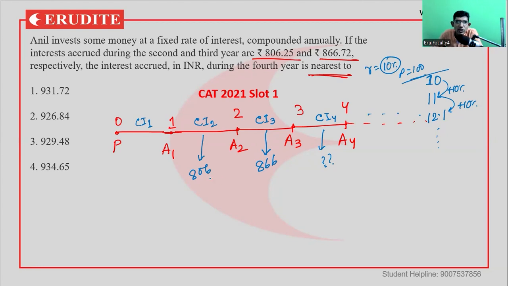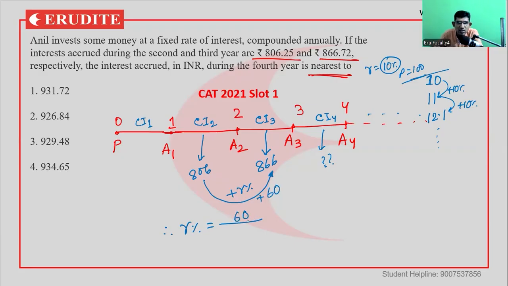So if I apply the same logic here, second year interest is 806 and the third year interest is 866. That means it must have increased by R%. So what will be R% here? How much has it increased? 806 to 866 means it has increased by 60.